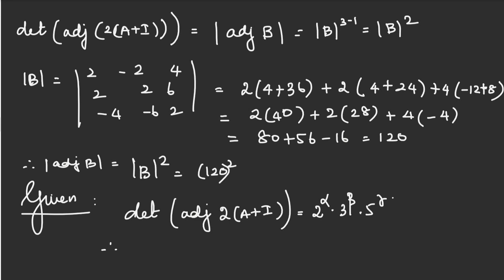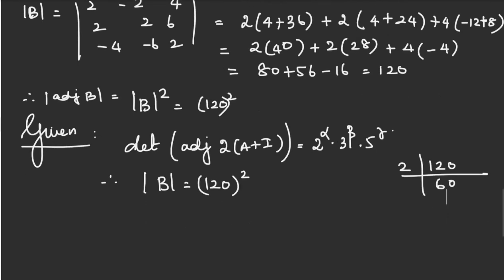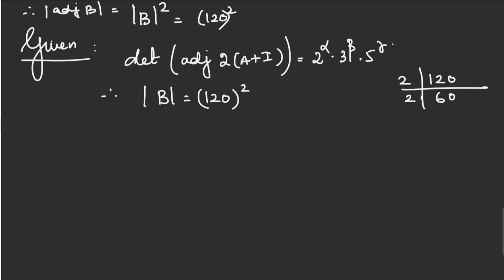Now the determinant of B is 120 whole square. Factorizing 120: 120, 60, 2 times 30, 2 times 15, 3 times 5.